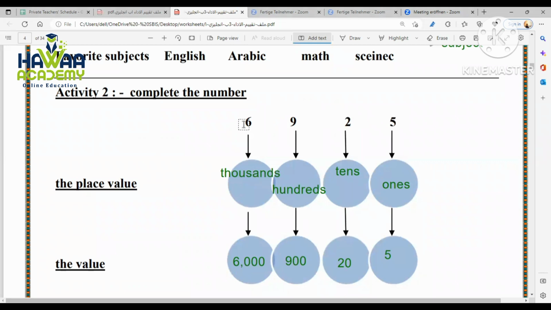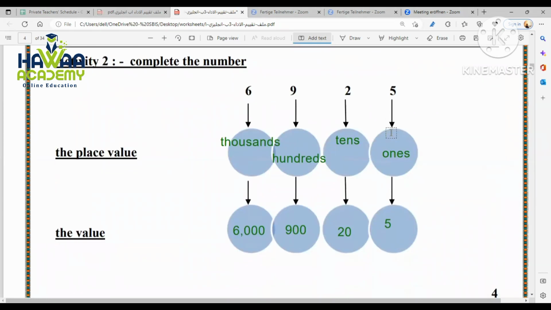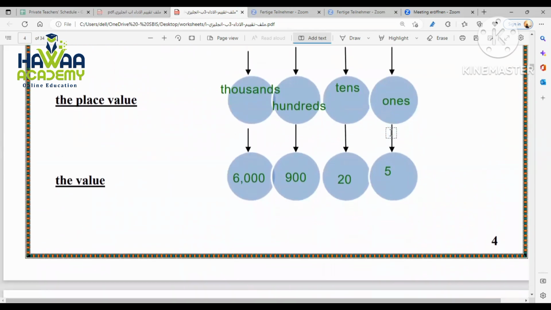So the first one here, the digit 6 is in the thousands place, and its value is 6 thousand. Very good. What about the 9? It's 900, and the value of it is 900. What about the 2? It's 2 tens, makes 20. And the 5, it's 5 ones, and it's the same as 5.